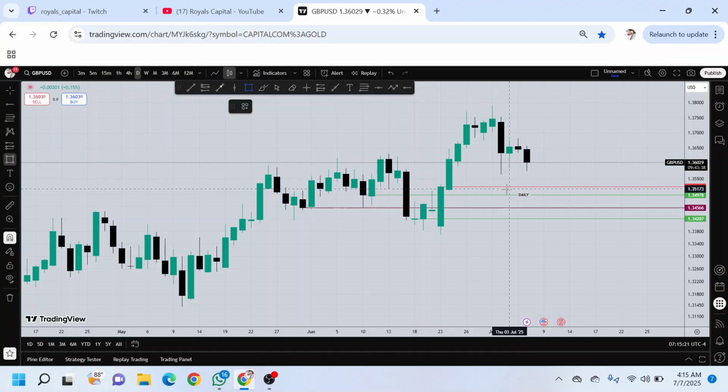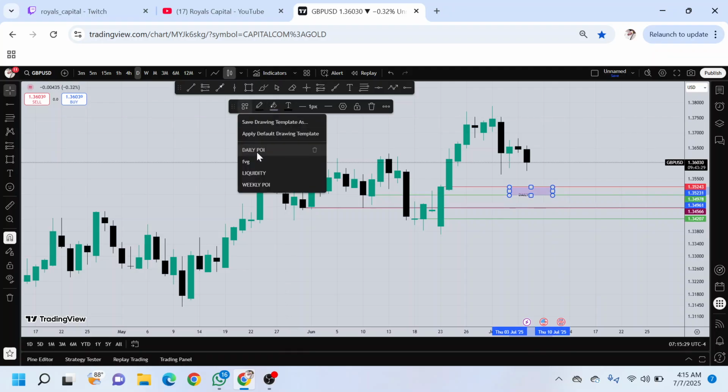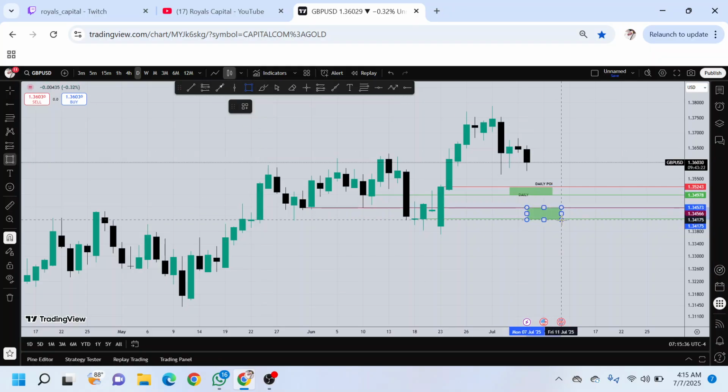Point of interest. We also have this. So on EU, sorry, GU, we are focusing on these two zones right here. So we are waiting to see what price will do when it comes here and when it comes here.